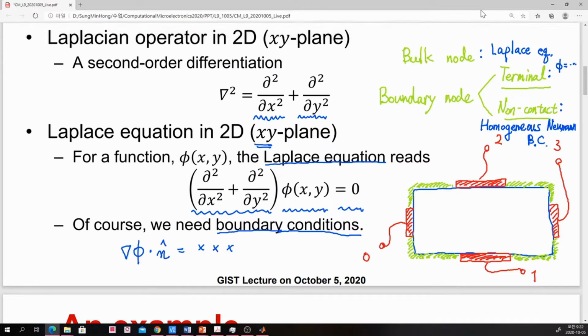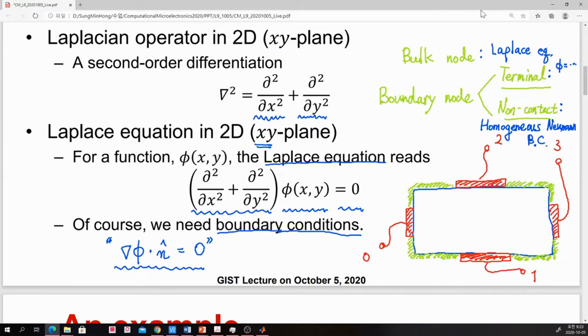And when we say homogeneous Neumann boundary condition, then we explicitly have the number 0 for this normal component of the gradient of phi. This condition is frequently applied to our non-contact boundaries, not only for the Laplace equation and Poisson equation, but later you will learn different equations. Even for these cases, you usually introduce this homogeneous Neumann boundary condition.